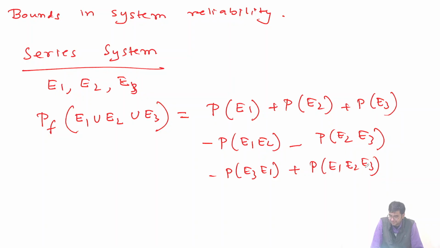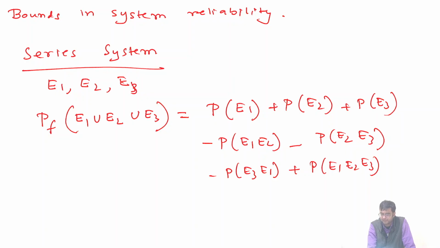So in this case, first order bound means I will only retain the first order terms, which are E1, E2, E3, and that's why it is called first order bound. If I only retain E1, E2, E3, the other terms I am going to ignore. The second order and third order terms combined will give me a positive or negative number.